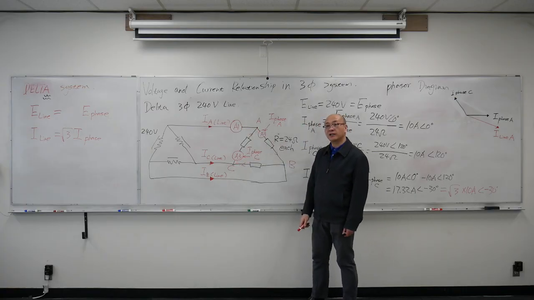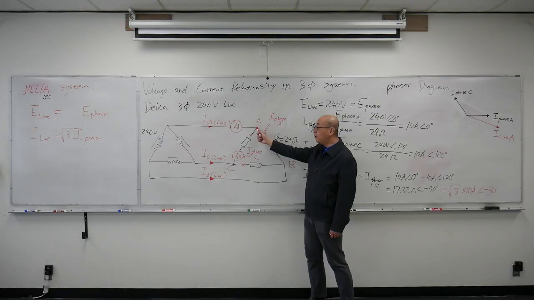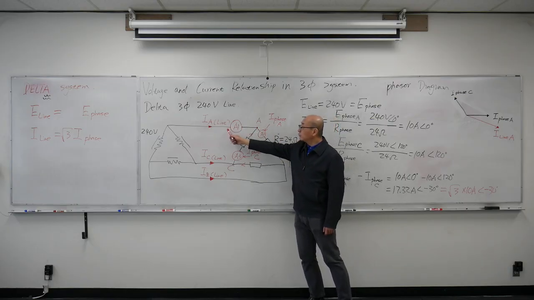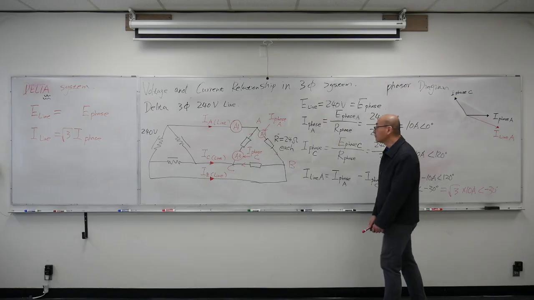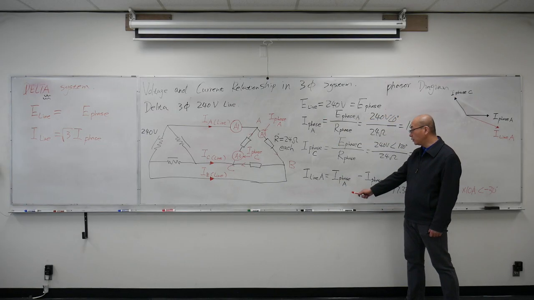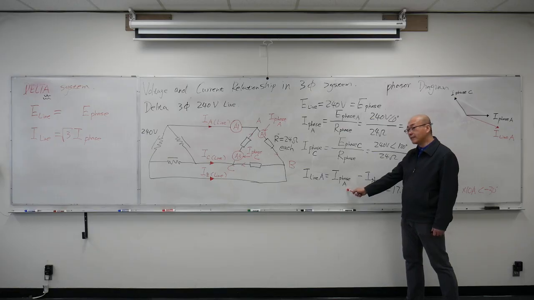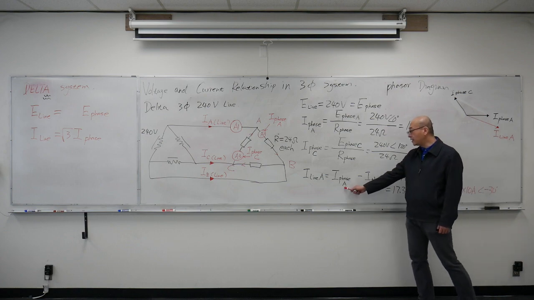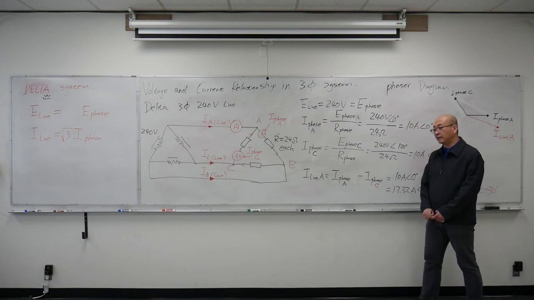So by Kirchhoff's current law, the current going into the junction will equal the current coming out. To find my line current A, which is going in, it will equal the current coming out, the phase A current, subtract the other current going in, the phase C current. So line current A equals phase A current minus phase C current.